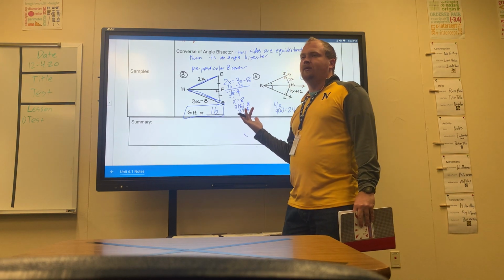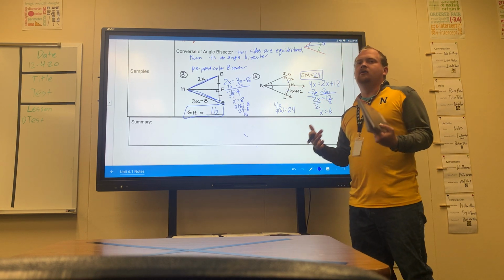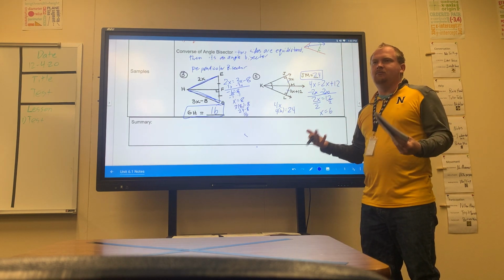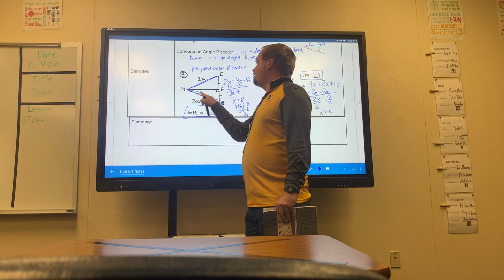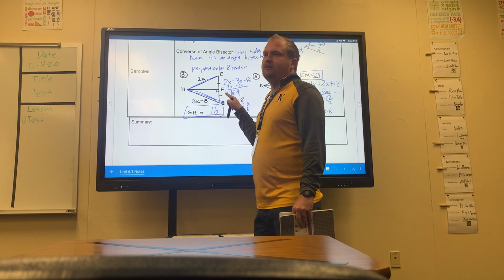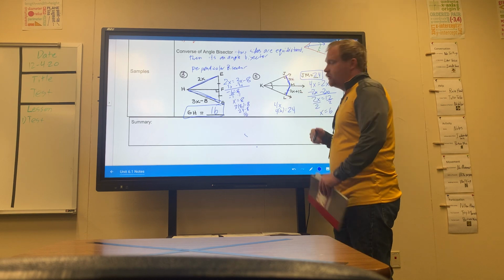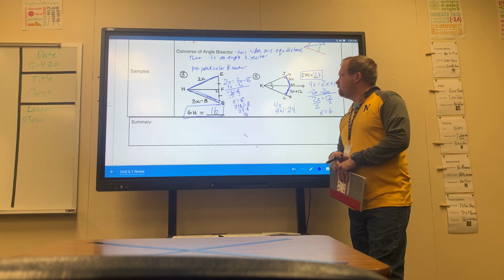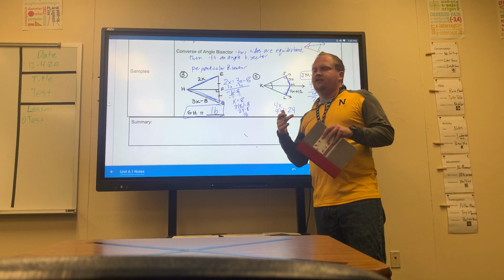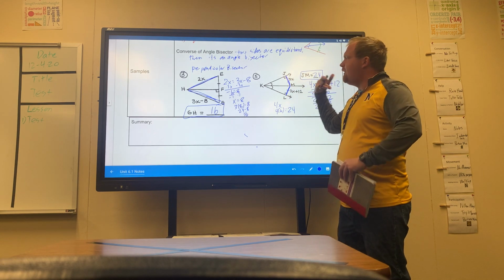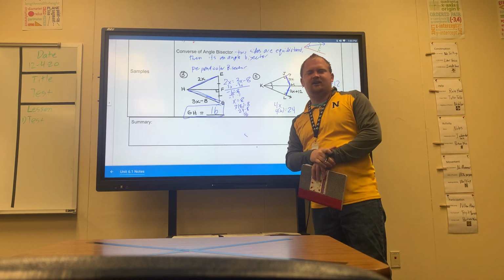But we can still prove it based on side angle side to be true. Matter of fact, that's probably how we know the theorem works. But like I said before, these two are going to be congruent because of the perpendicular bisector, and these two are going to be congruent because of the angle bisector. So just be aware that the distances that it makes after you make a perpendicular or angle bisector are going to be equal distance. Thank you, and have a good day.